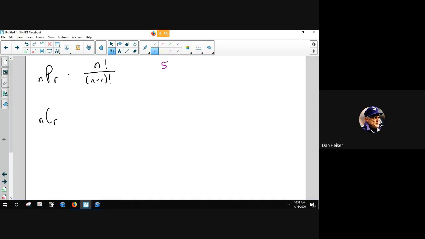I want 5 people to win. I have a group of 5. I want 3 winners. That means 2 people are not going to win. So what I end up with is 5 factorial, divide out the 2 people that don't win, and it ends up being 5 times 4 times 3.